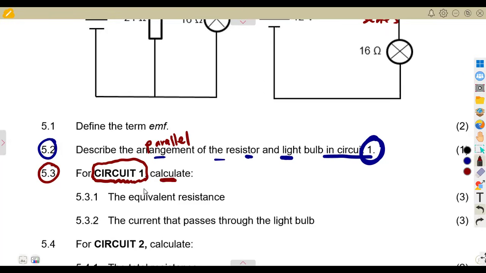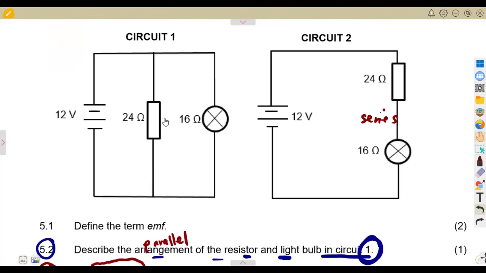Calculate 5.3.1, the equivalent resistance. That is the total resistance of the circuit, from circuit 1. And I said that in circuit 1, these are in parallel.